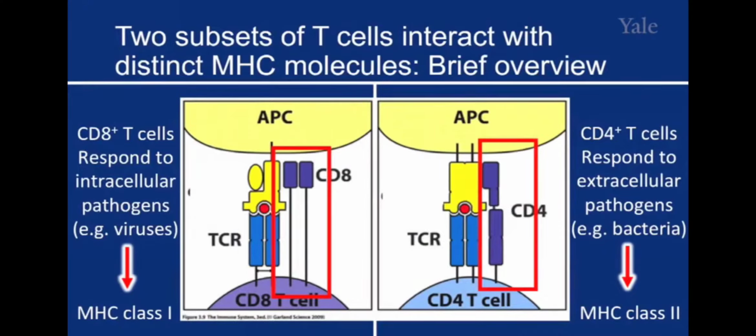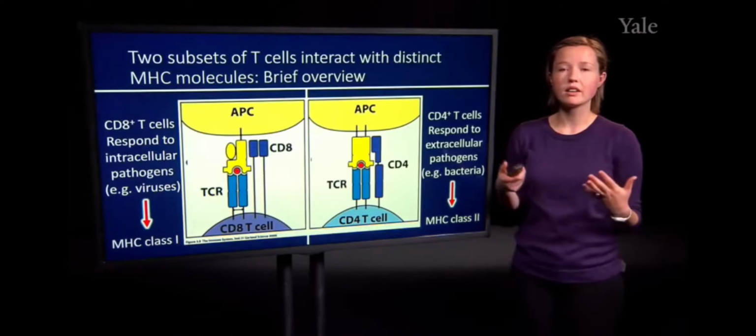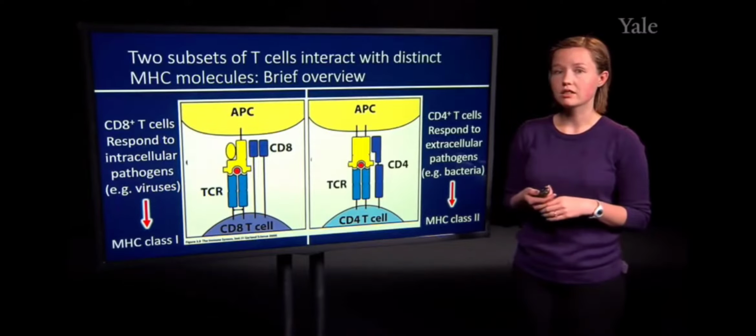It will make more sense as to why antigen presentation happens a certain way for MHC Class 1 and MHC Class 2 when we understand the types of T cells that they are interacting with and what the purpose of those T cells are in an immune response.